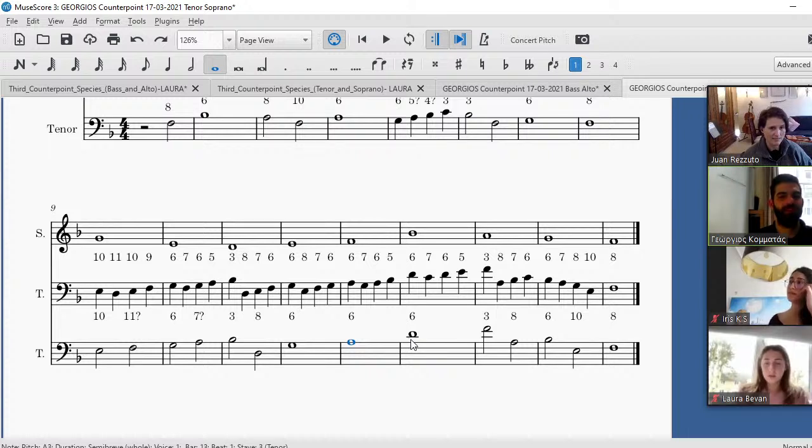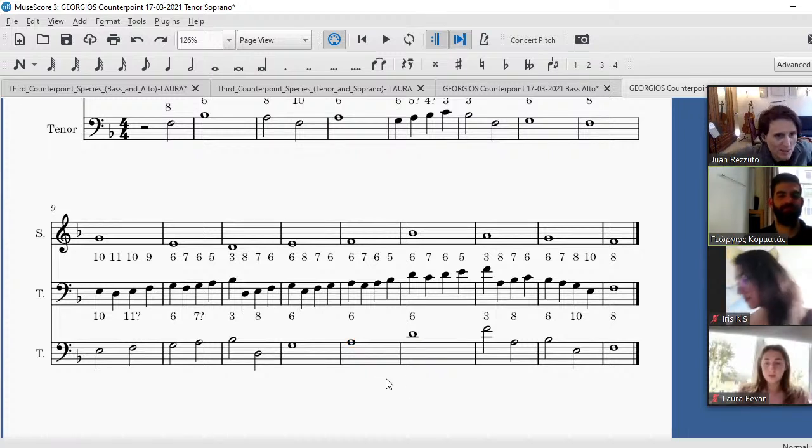I'm saying this: when you take away all this ornamentation and you reduce it, you say, oops, maybe my structural counterpoint is not that solid.